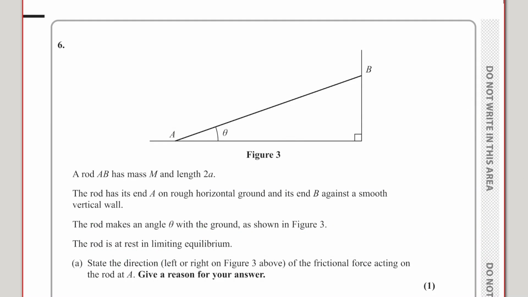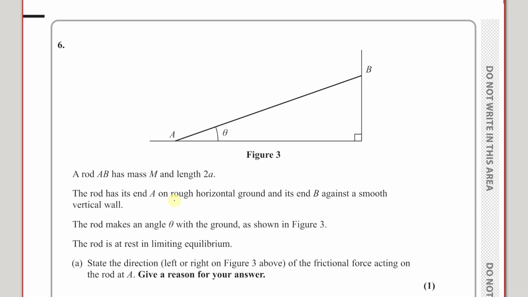Question 6. A rod AB has a mass m and a length 2a. The rod has its end at A on rough, so friction, horizontal ground, and its end at B against a smooth, no friction, vertical wall.